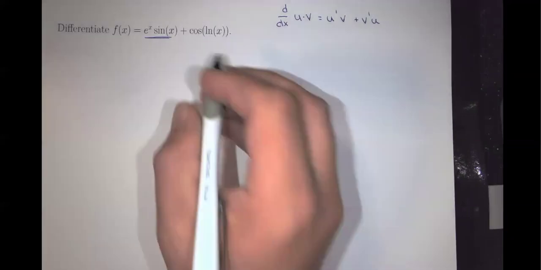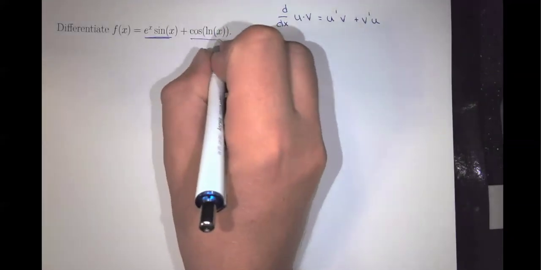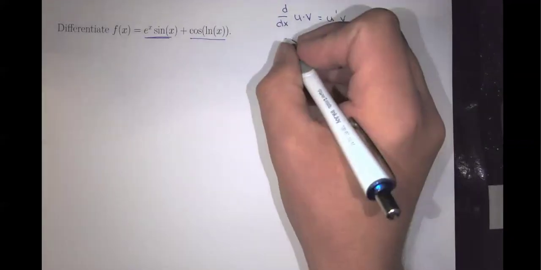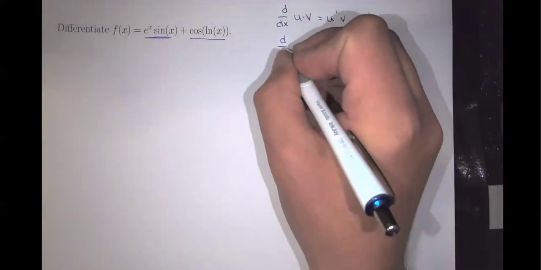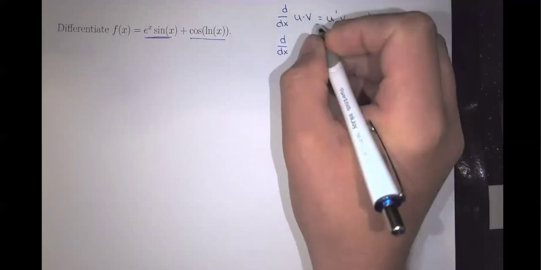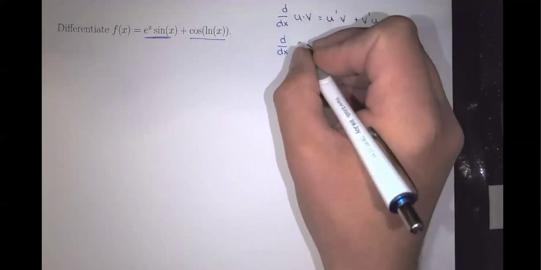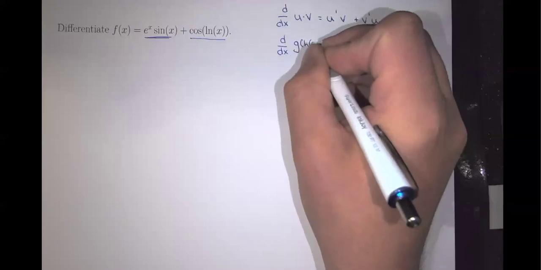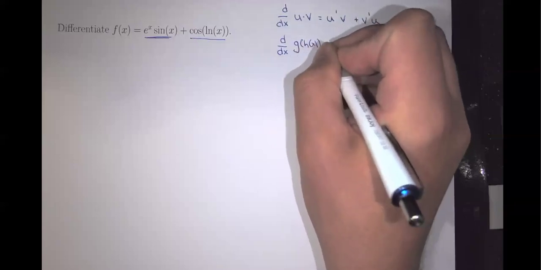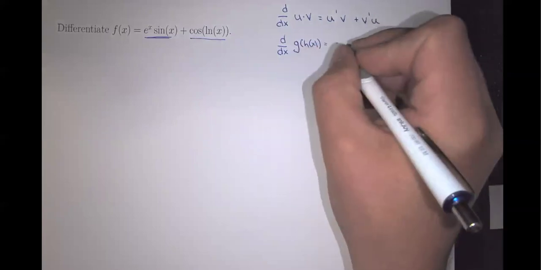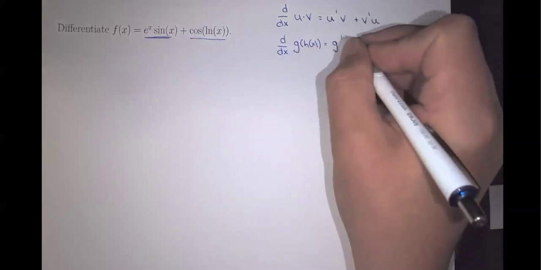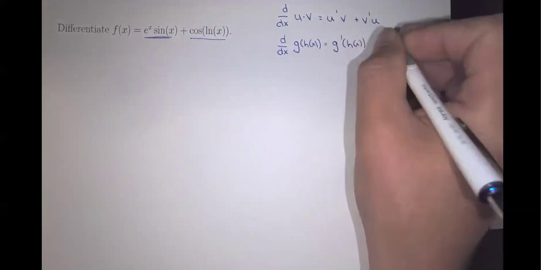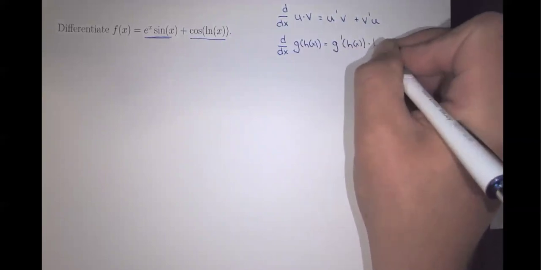For our second function, when we differentiate this piece, we're going to need the chain rule. So here, the derivative of, we'll call it g of h of x, is going to be the derivative of the outside, leave the inside alone, times the derivative of the inside.